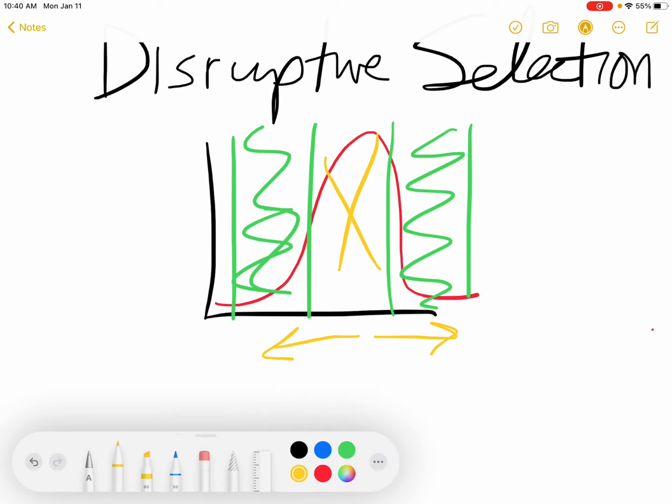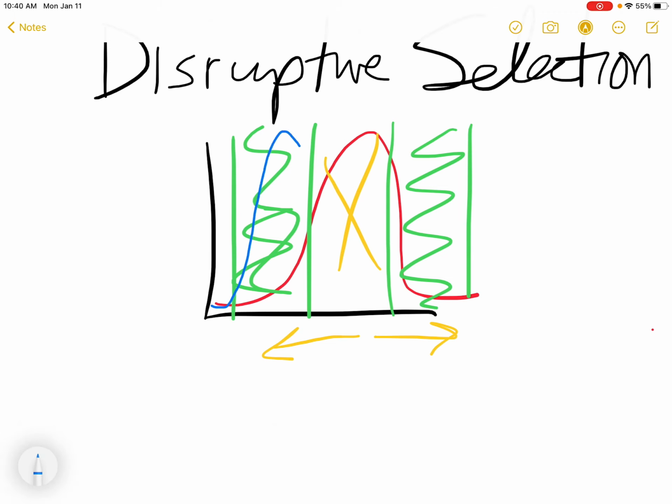You can imagine if I drew on top of this, what would happen is you would tend to get a bulge like this, and then it would drop in the middle, and you would get this. So you can see that the two blue peaks are two different populations that are moving towards very large and very small, right? And eventually, if that continues, that could become significant enough to lead towards the development of an entirely new species, right?